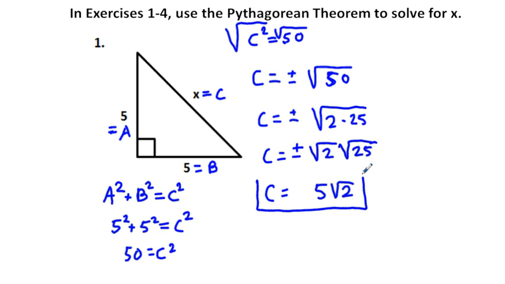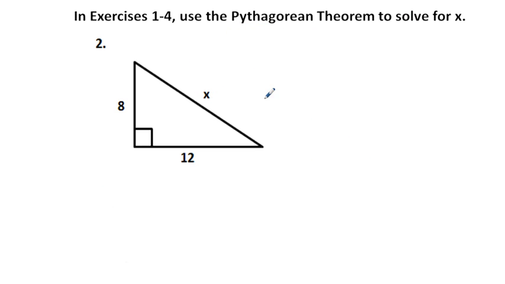So we call our answer c equals 5 square root of 2. And if you wanted this decimalized, if you put this in your calculator, for instance, you would get 5 times 1.414, something like that. But this is the exact radicalized answer. No calculator needed.